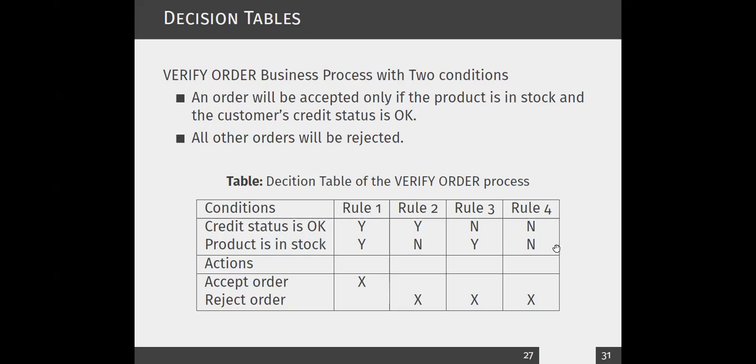Last one, both conditions are not met. That means credit status is also not okay. Product is also not available in stock. Again, reject. So you can see we tabulate and we put down all these combinations and we specifically separated them as conditions and actions.